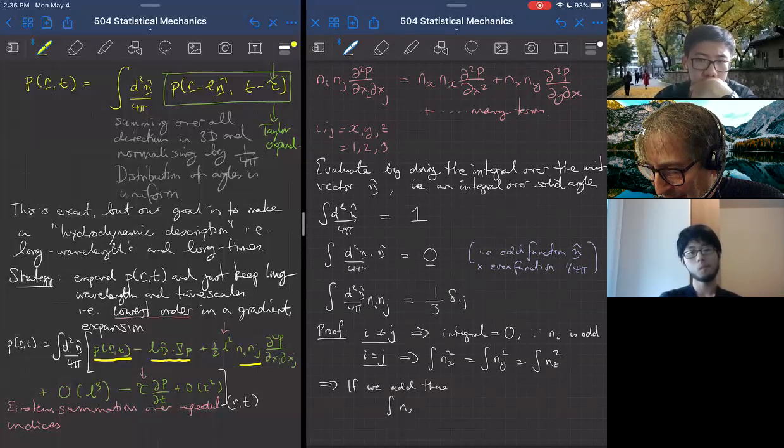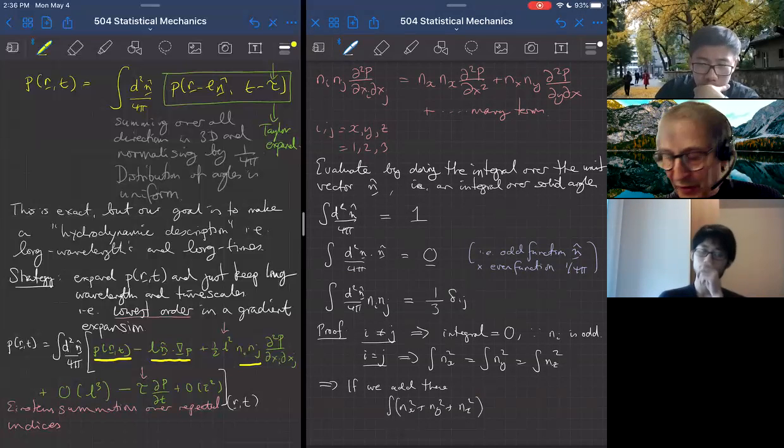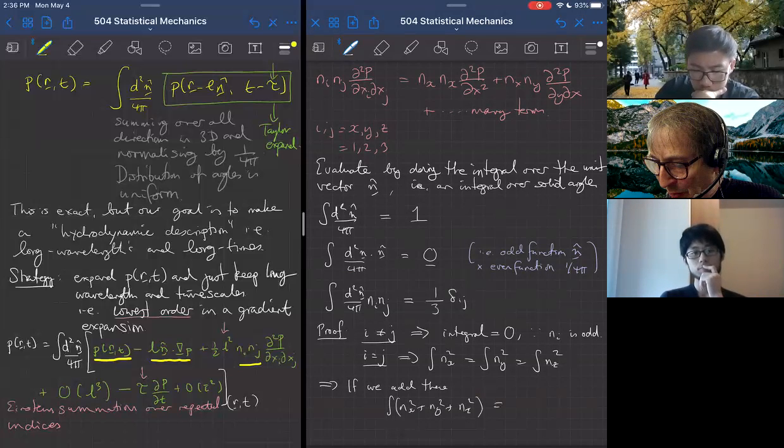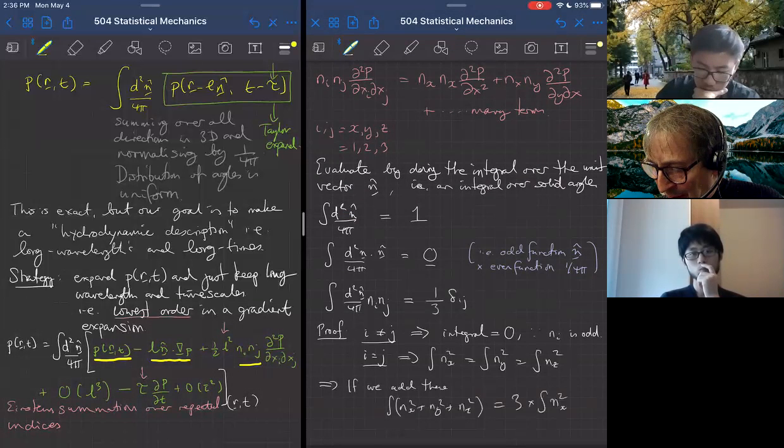so I look at the integral of nx squared plus ny squared plus nz squared, this is equal to 3 times the integral of just nx squared, or 3 times the integral of ny squared, or 3 times the integral of nz squared. And we know nx squared plus ny squared plus nz squared is equal to the absolute value of n squared, which is equal to unity.